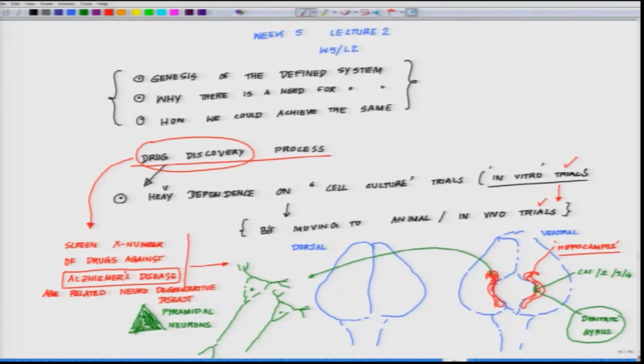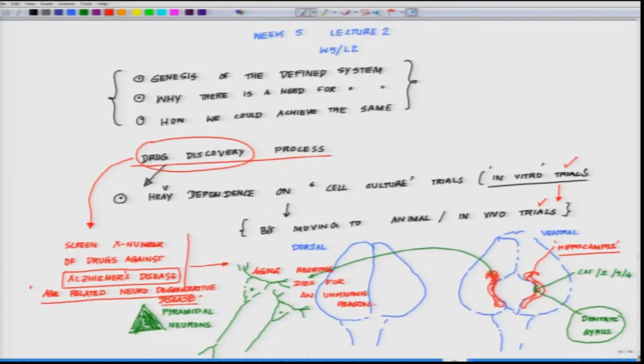This age related neurodegenerative disease means these aging neurons die; in other words, as you are aging, the neurons are also aging. These aging neurons die for an unknown reason.